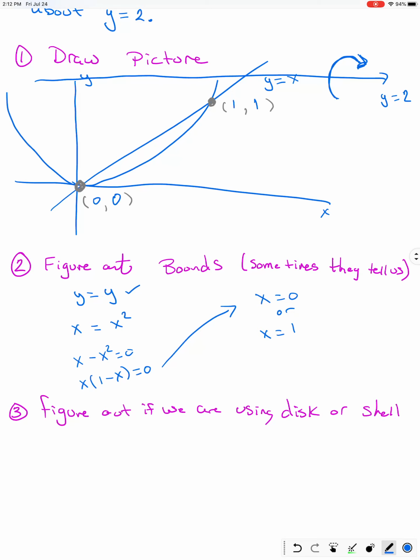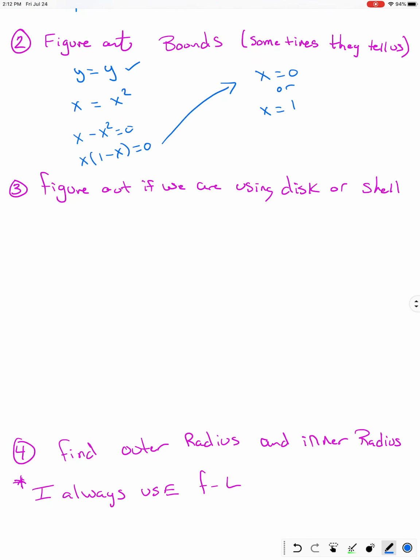Number 3 I need to do is figure out if we're going to use the disk or the shell method. This is always a question we have to figure out. Which of the two methods am I going to use? Now obviously this video is about the disk method, so we're going to use the disk method. In practice, we don't always know, but sometimes we do know. How do we know?